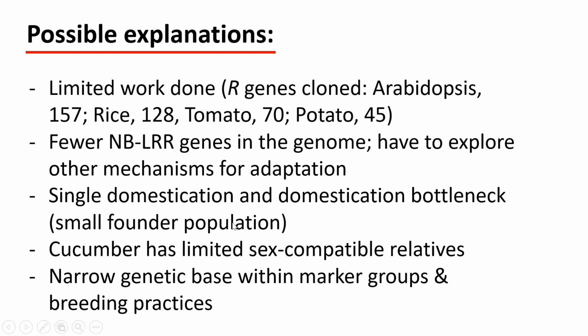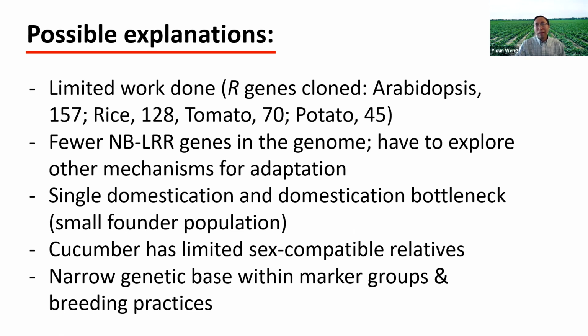And also, I guess the single domestication, the domestication bottleneck, and the very limited secondary gene pool, sexually compatible relatives, and the genetic basis within each group, or the breeding practice, also have something to do with it, because it's largely a private business.